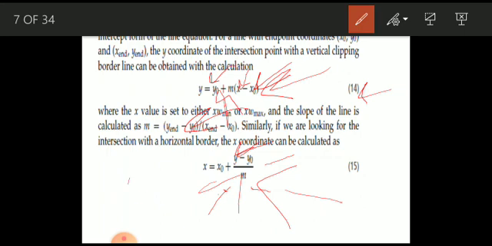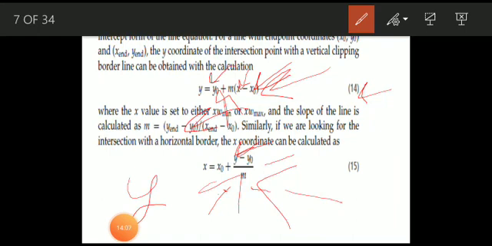Again here, y is either ywmin or ywmax, that is y has either the minimum value for the clipping window or the maximum value of the clipping window. Right? In this way you could find out the y coordinate value as well as the x coordinate value for an intersection point. I hope I made the concept of the Cohen Sutherland line clipping algorithm clear.